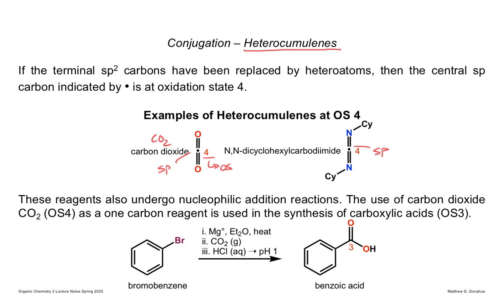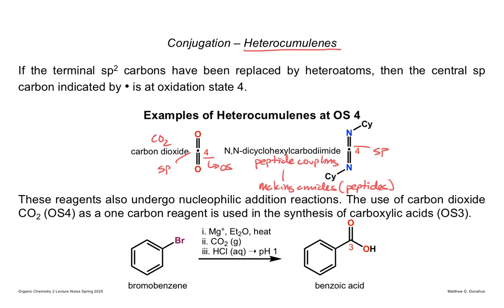So we've seen carbon dioxide in Organic 1. A new reagent that we'll learn this semester is called N,N'-dicyclohexylcarbodiimide. This reagent is used for peptide coupling, so basically making amides. And as we'll see later in the semester, these are called peptides.